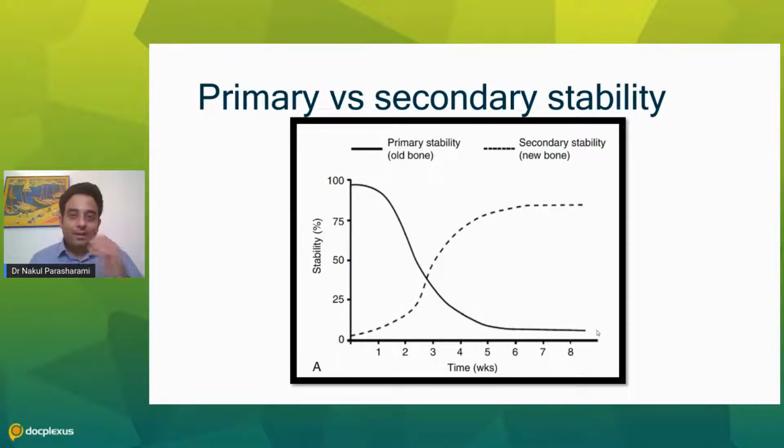So, to translate that into a clinical scenario, we place the dental implant, we achieve a primary stability of more than 25 newtons, and we let the implant heal. During this healing process, we cover it up with the intraoral gingival tissue and let the implant be as it is.